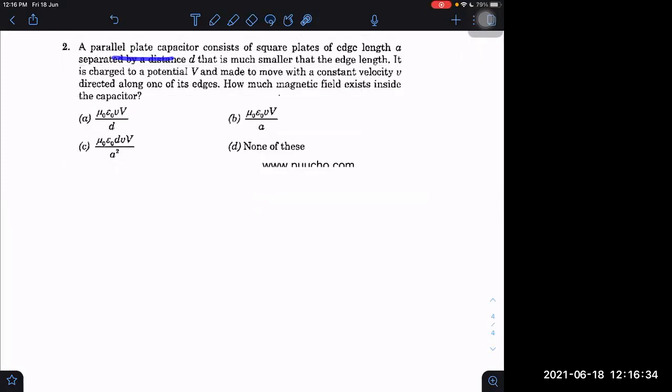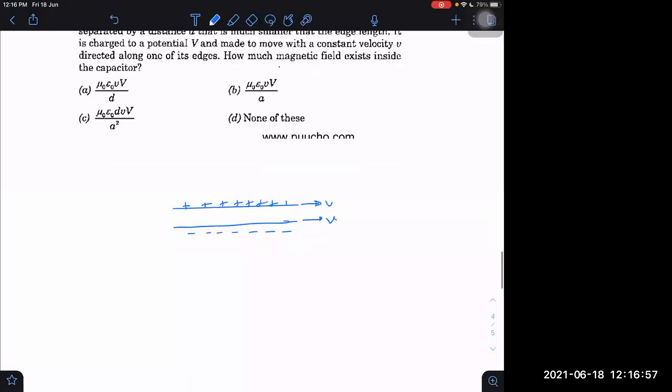A parallel plate capacitor consists of square plates of edge length A separated by a distance d that is much smaller than the edge length. It is charged to potential V and made to move with constant velocity v. How much is the magnetic field inside the capacitor? See, if I take the capacitor plates, one is positive charge, the other is negative charge, and both are moving with some velocity v parallel to it.